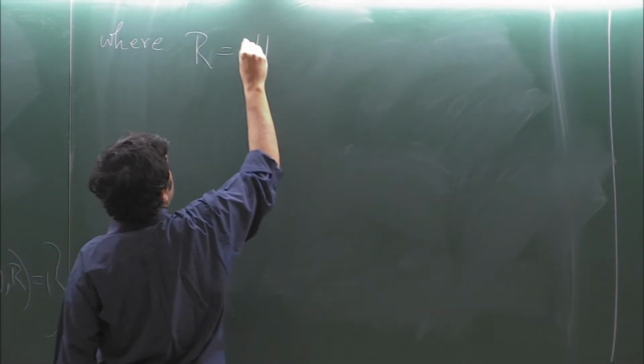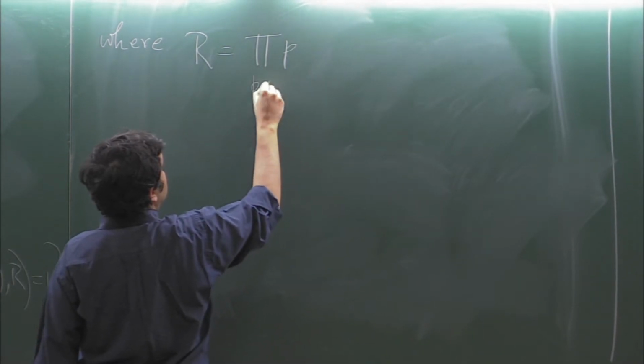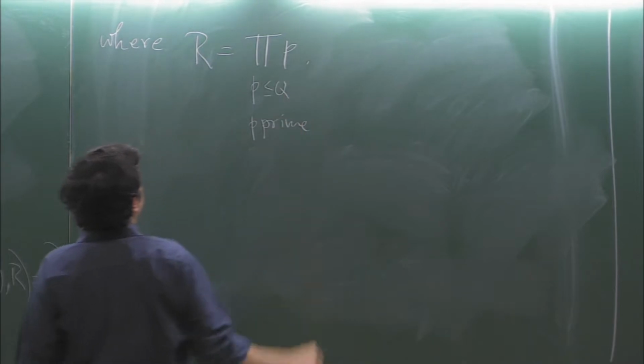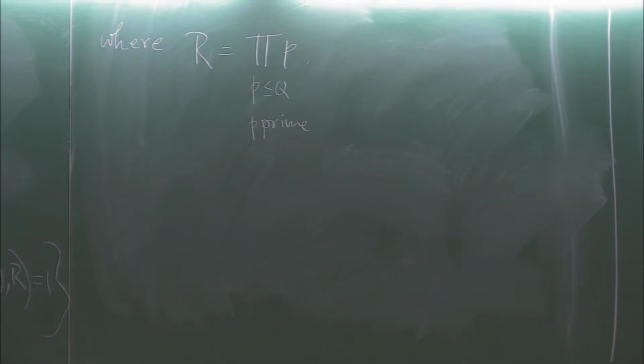R is the product over primes p up to Q. Okay, so I have two subsets of R mod Z, X and Y.